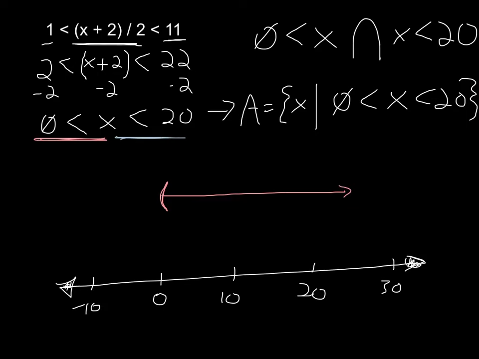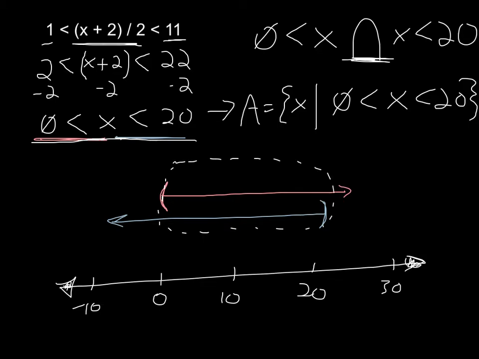We use a round parenthesis, opening left. And because it's a compound inequality and we have an intersection, we're looking for the parts that overlap. So the left side is 0, the right side is 20, and x can be anything in between.